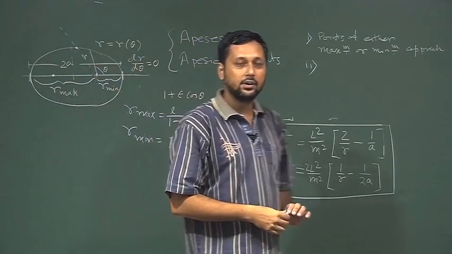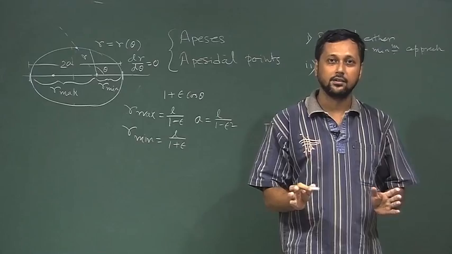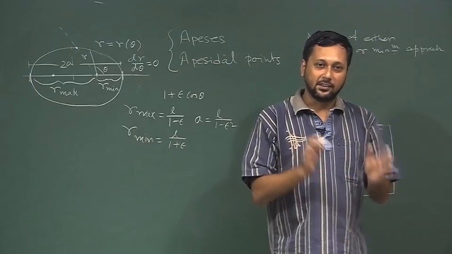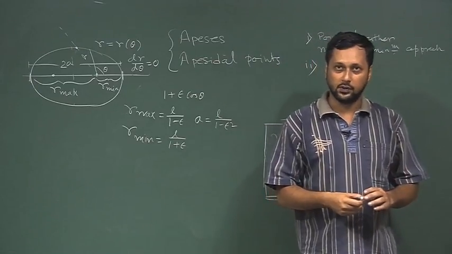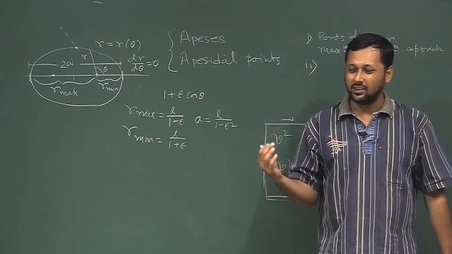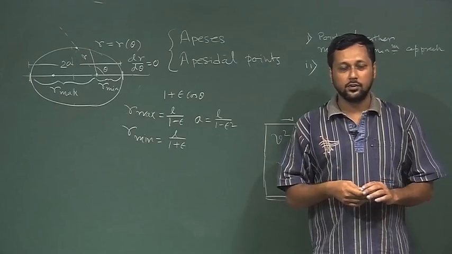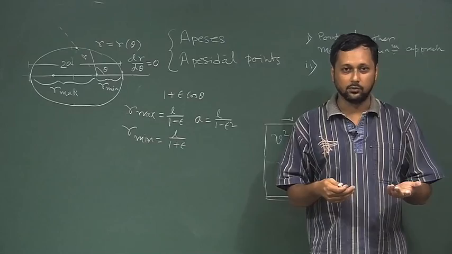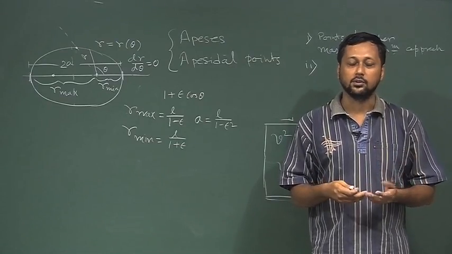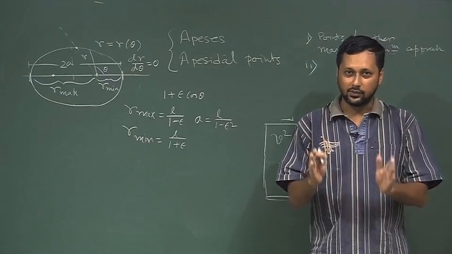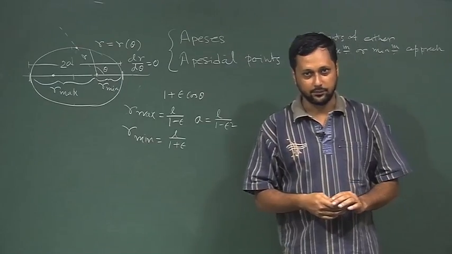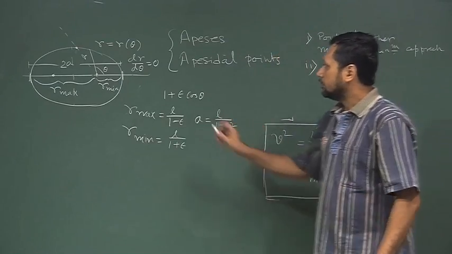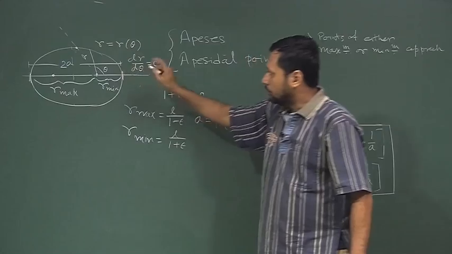Now, an apsidal point is something which is defined for any central orbit. It is not specific to inverse square force field orbits, but we will be using mostly inverse square force field. I mean, later on we will be doing calculation based on inverse square force field.